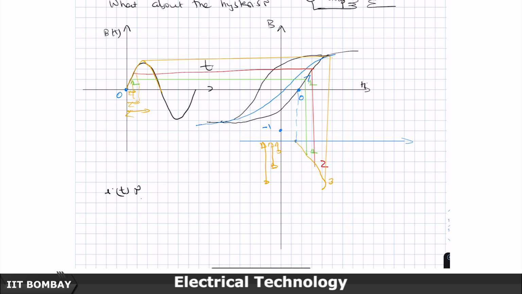On the return trajectory, when I go by the same time offset, I do not get this value of current, but I will get it for the same flux value. For the same flux value means after the same time offset, is it not? Because the flux value is pure sinusoid.